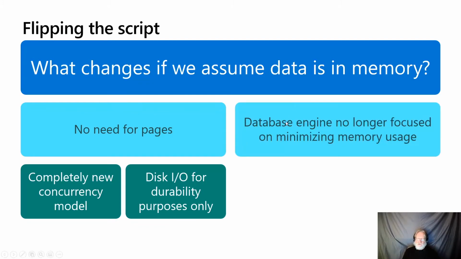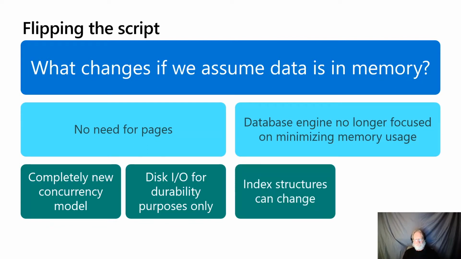The database engine is no longer focused on minimizing memory usage. So if memory is no longer this precious, small commodity, if we have memory to really work with, as I said, there are some huge systems out there with terabytes of memory, what can we do differently? Index structures can change, right?